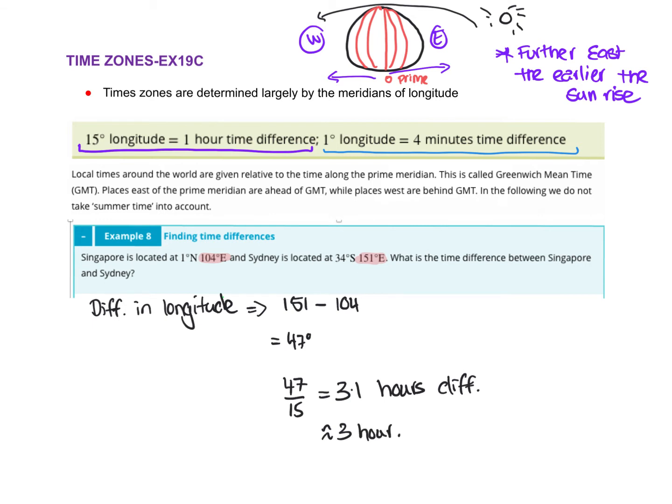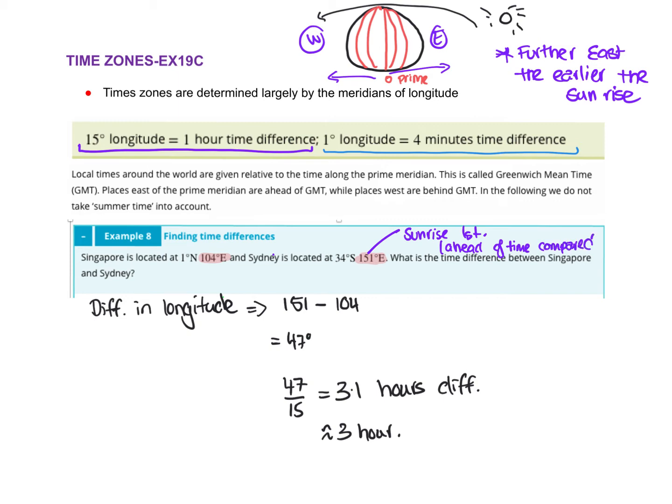So if you think about it in the time of the day, Sydney, because it's further east, will get the sunrise first. And what we would say is it's ahead of time compared to Singapore.